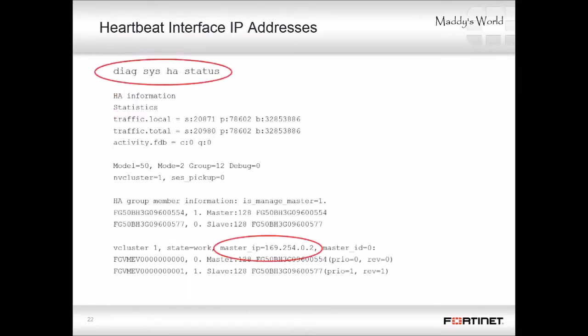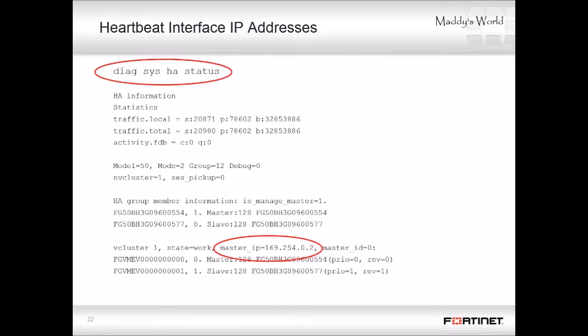Now you know how heartbeat interface IPs are automatically assigned, so you can understand more from the diag sys ha status command in the CLI. Here, you see that there are two devices in this cluster. The primary FortiGate's heartbeat interface has an IP of 169.254.0.2.